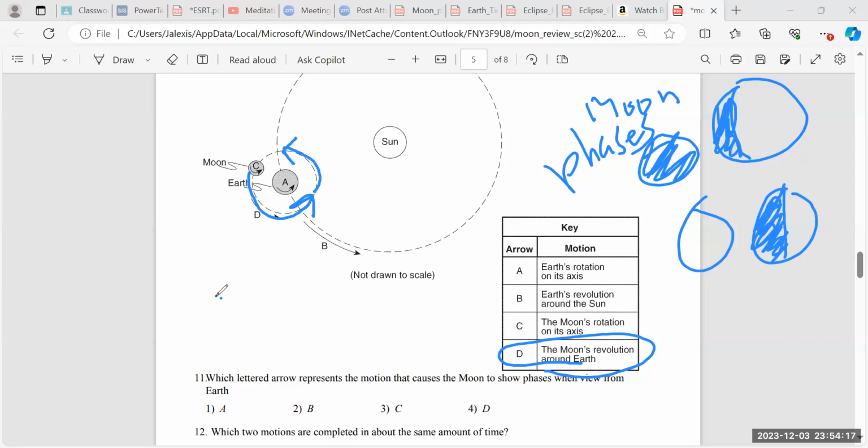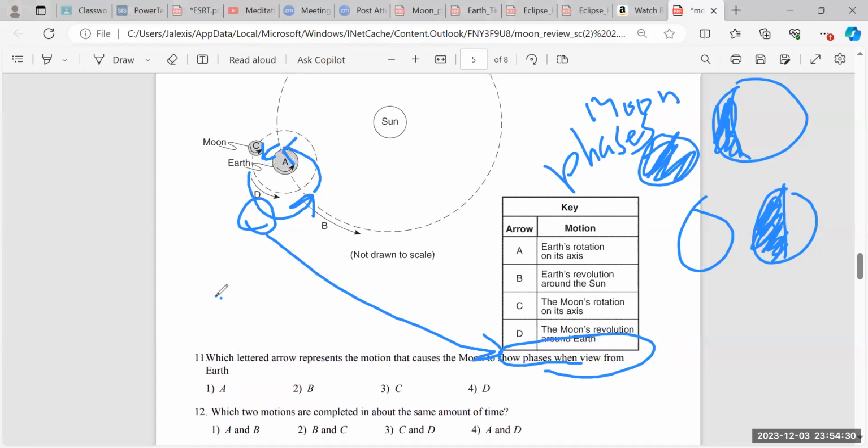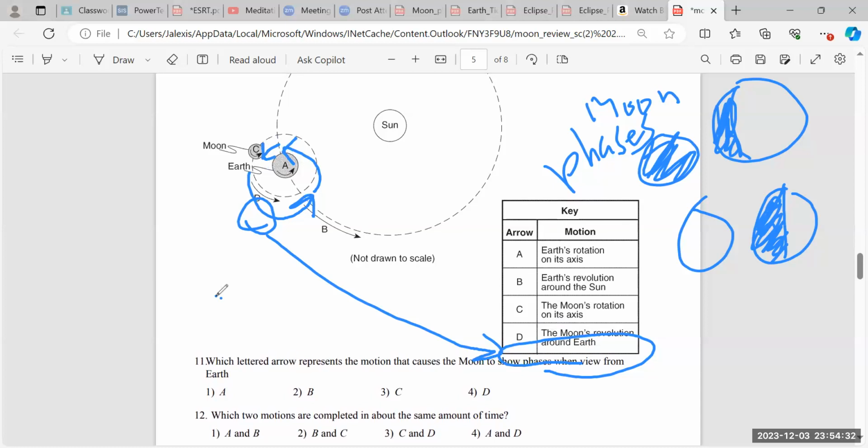And what movement is that? It is movement D, the moon around the Earth. Your answer is definitely going to be choice D. So I'll just circle that as your answer.